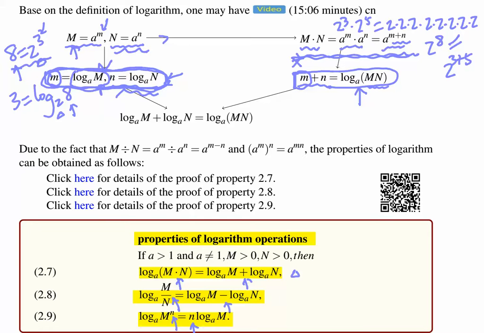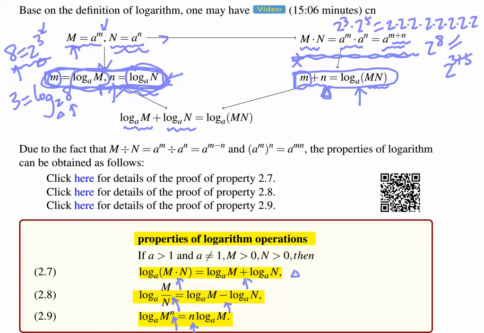That's how we got log base a to the m. Similarly, replace this n by this n, the same little n, which is log base a to the n. So we got the one right here.